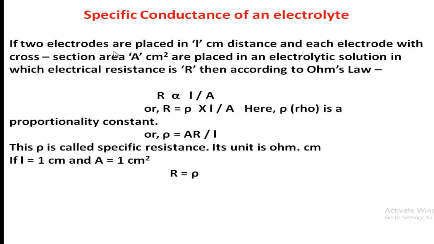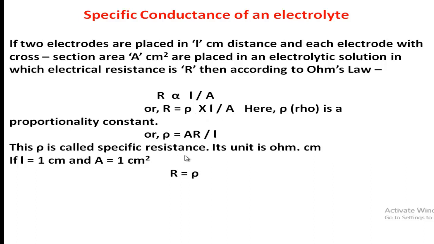If two electrodes are placed L centimeter apart, and each electrode with cross-section area A centimeter square is placed in an electrolytic solution in which the electrical resistance is R, then according to Ohm's law we can write R is proportional to L by A, or R equals rho into L by A, where rho is a proportionality constant.